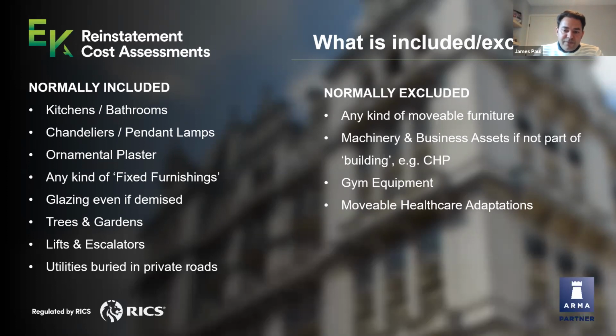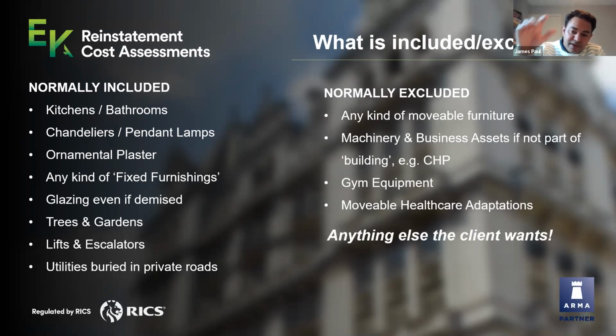And of course, any kind of movable healthcare adaptations. If someone's got a specialist disabled lift that gets them in and out of the bath or something like that, even if it's semi-fixed to the building, if it's something that perhaps belongs to the local health authority or another provider, or it's rented or leased, if it's not strictly speaking part of the building, we probably wouldn't include that.